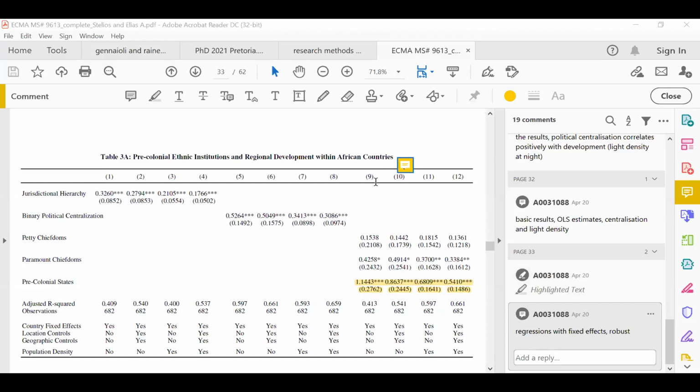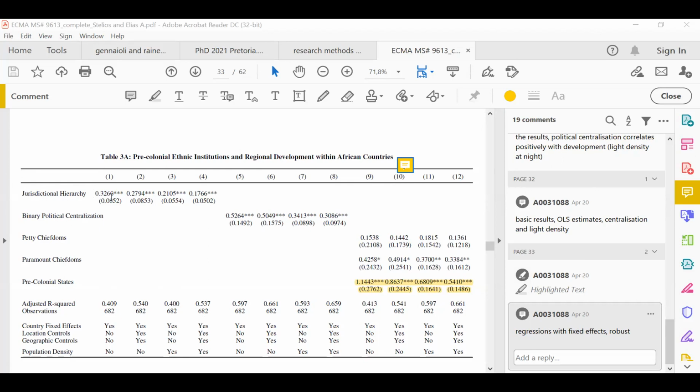So in here, you can see there that they include country fixed effects, right? They put yes, yes, yes, yes. So they also include different intercepts for different countries, which account for things which are essentially fixed, such as Table Mountain in Cape Town.